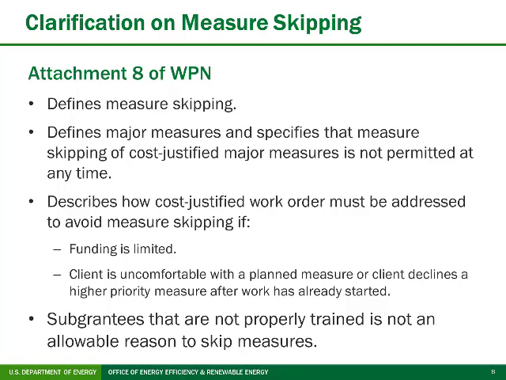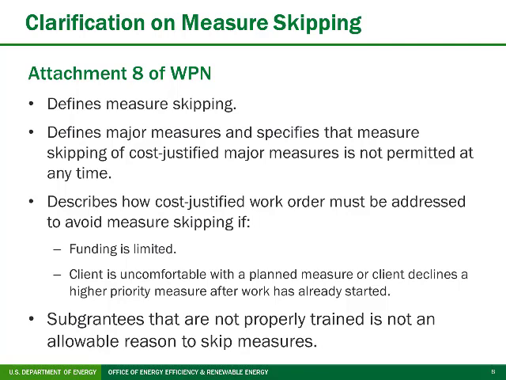a measure skipping of a non-major measure may be allowed. If the work has already begun, perhaps you've, just due to the nature of the work process, installed a measure on the list that is further down in priority than some of the major measures, and then a client declines one of those major measures.